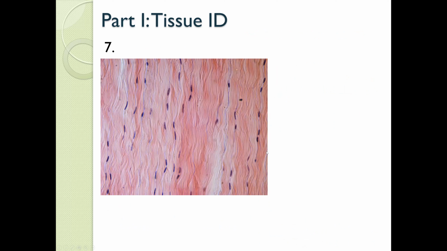This is image number 7, and this one is dense regular connective tissue, and that is a type of connective tissue proper, specifically a type of dense connective tissue proper. So again, we didn't see a lumen, which eliminated all of the epithelial tissues.